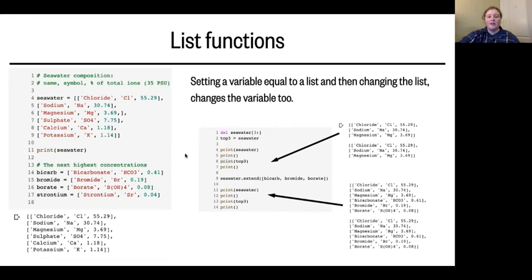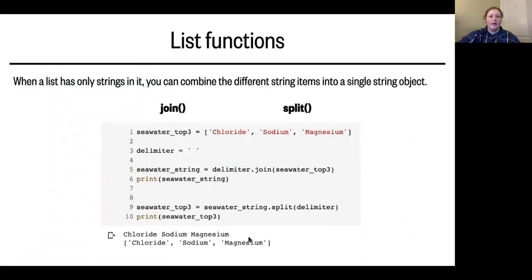In order to avoid that, you can actually use the copy function. So if instead I had said top 3 equals seawater.copy, this creates a new version of the same stuff as this top 3 variable. So when I say seawater.extend bicarbonate, bromide, and borate, it alters seawater there, but it keeps top 3 intact.